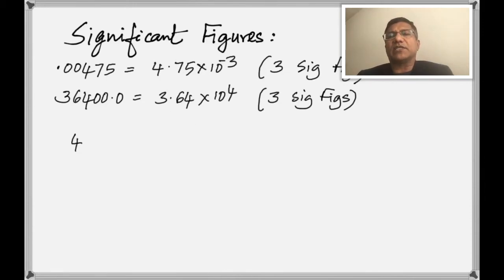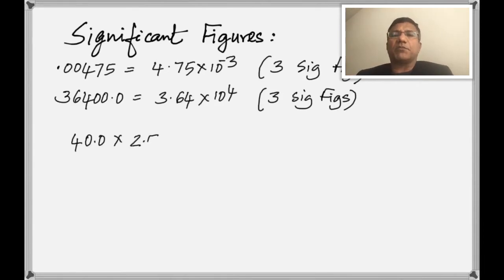So there are 3 significant figures. Now when you write it in the scientific notation, you don't have to hassle with the number of zeros, whether it's leading zeros or lagging zeros, and all those confusing rules.